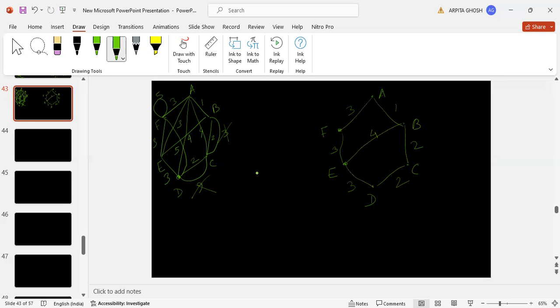Then AC, that is also 4. Then AE, that is your 3. EB, no, I'm sorry, EB is 4. This is also 4. FD is 5.